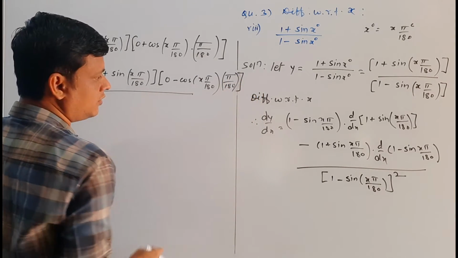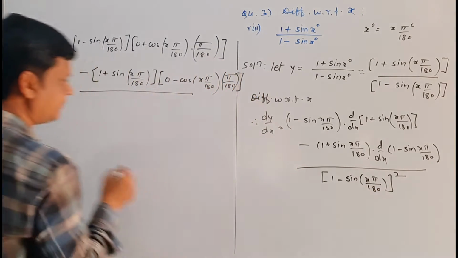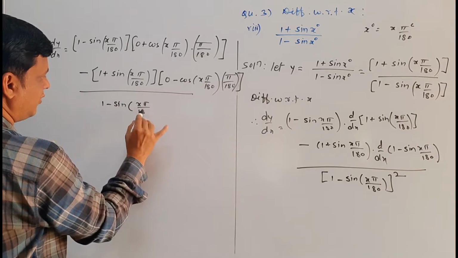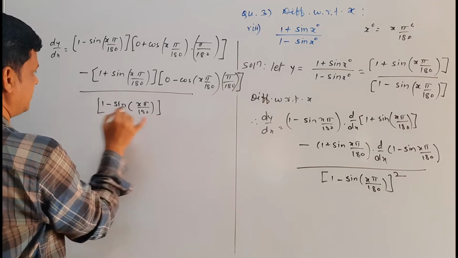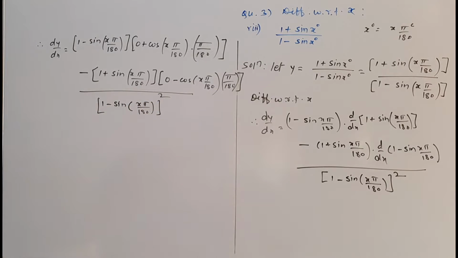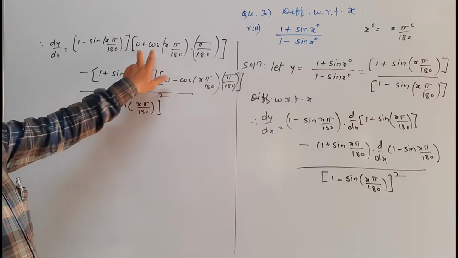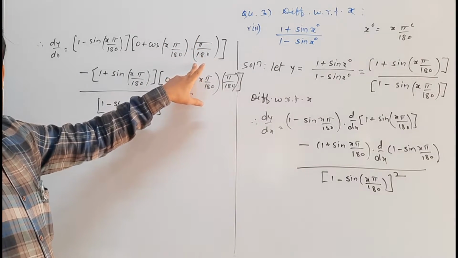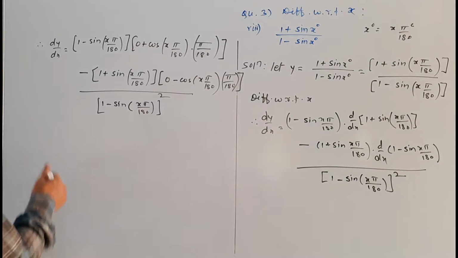Upon v square. So we write square of this 1 minus sine x pi upon 180, its bracket square. Now 0 plus cos x pi upon 180 into pi upon 180. So we write this in multiplication.